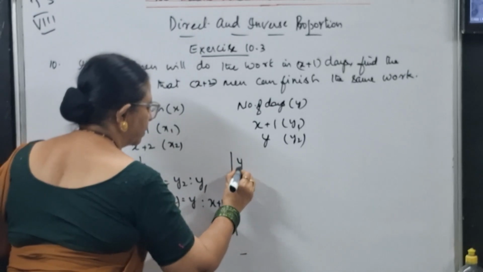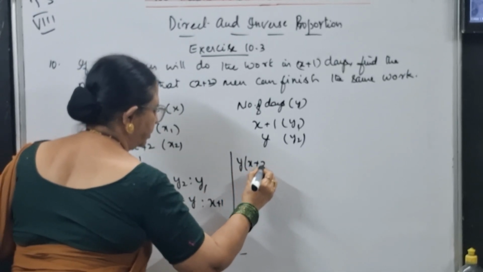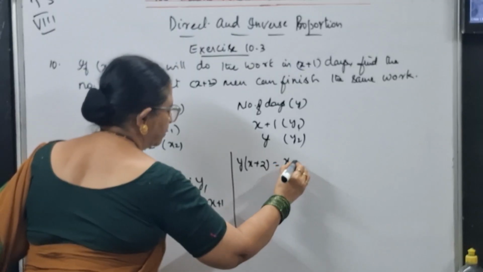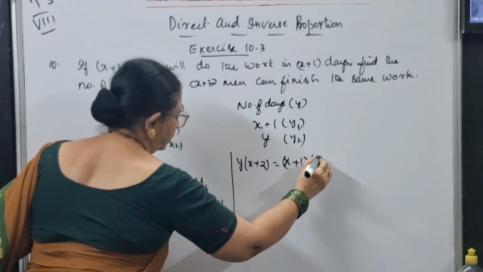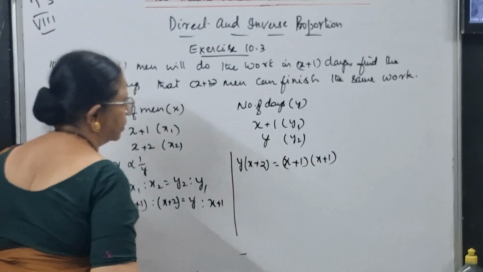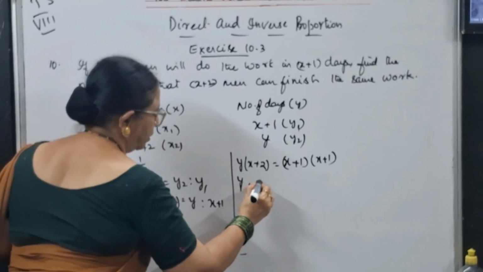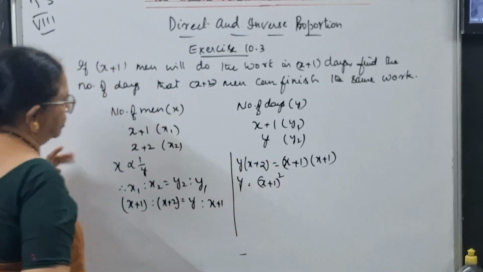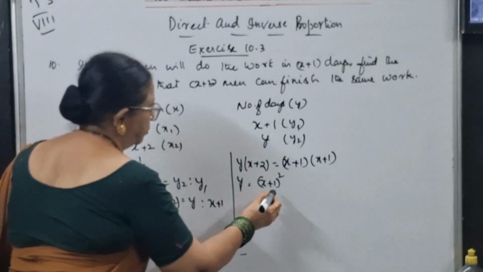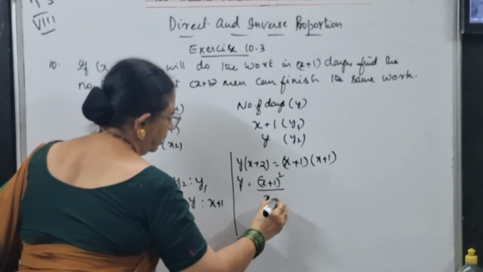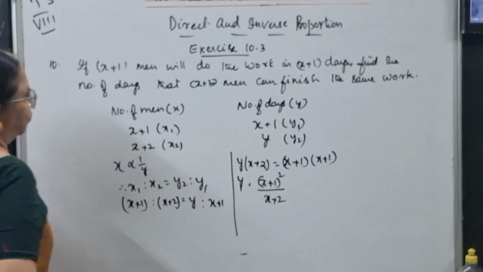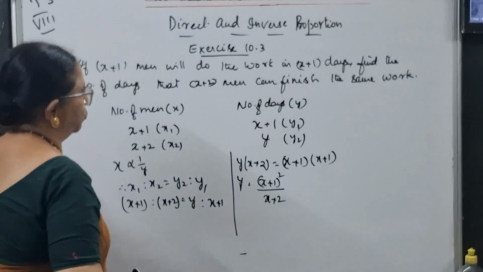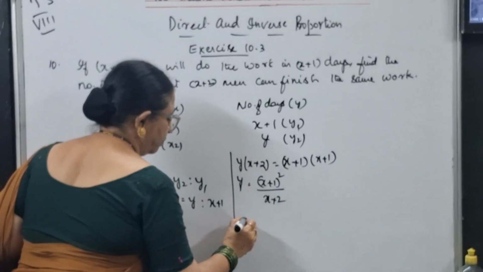So y into x plus 2 is equal to x plus 1 into x plus 1. So what is y? X plus 1 whole square by x plus 2. So y will tell us about how many days x plus 2 men can finish work.